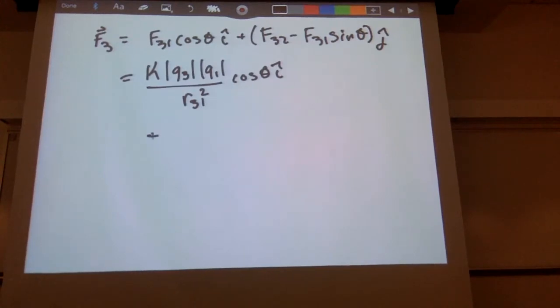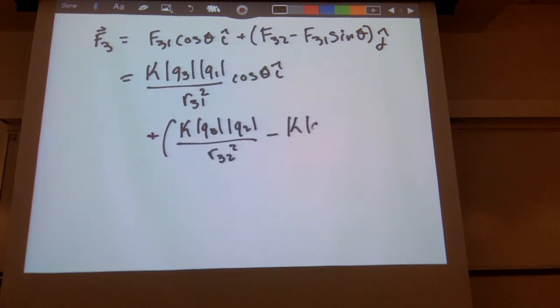And we get a plus F32, which is then going to be k times magnitude of Q3 times the magnitude of Q2 divided by the distance r32 squared, minus k times then the magnitude of Q3 times the magnitude of Q1 divided by r31 quantity squared, sine of the angle all in the j hat direction.